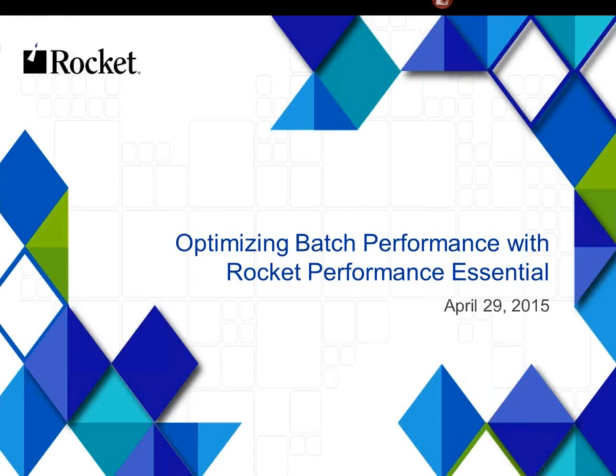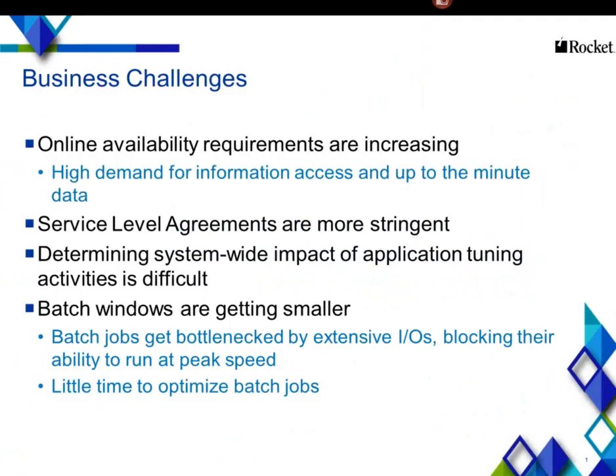Some of the business challenges facing us today are the online availability requirements. There is a high demand for access to information and the most current data. Service level agreements have become more stringent and can be costly if not met.